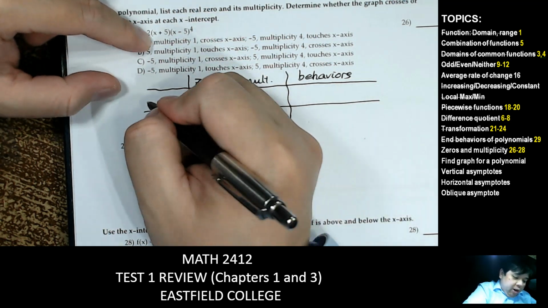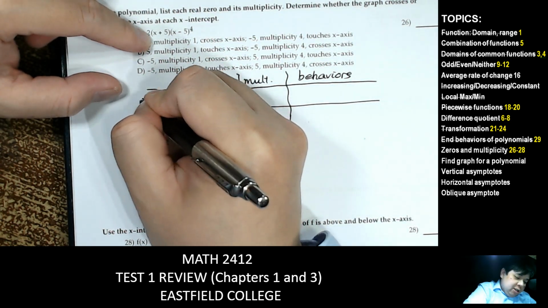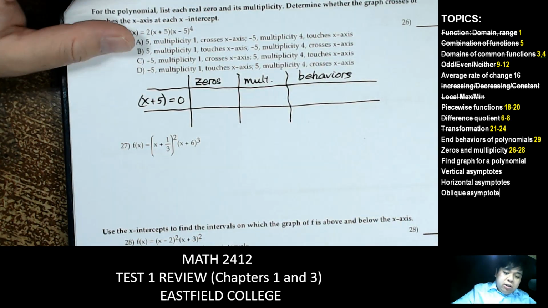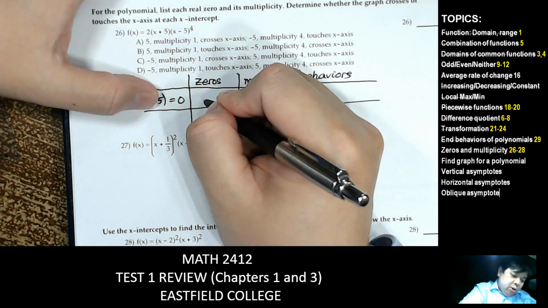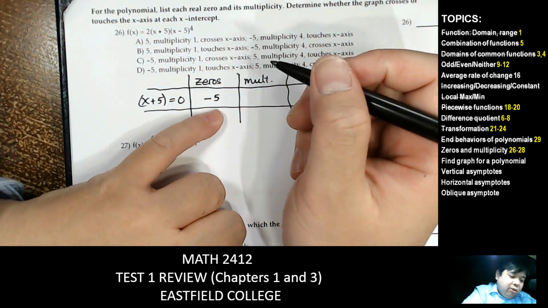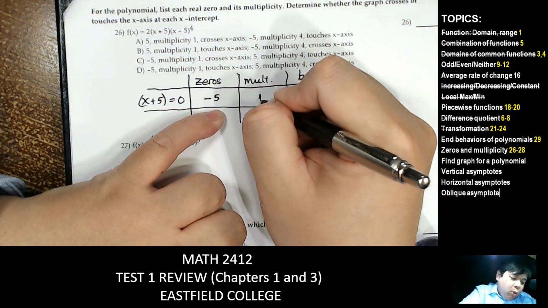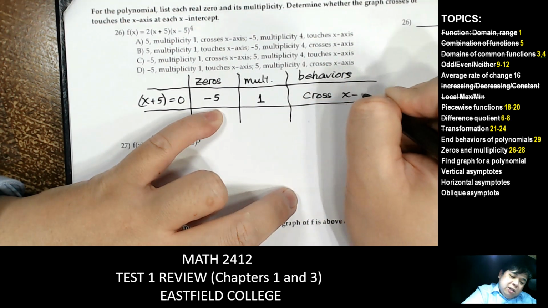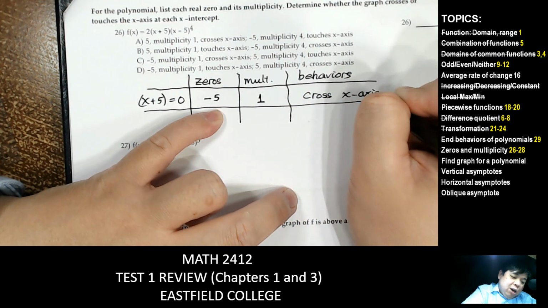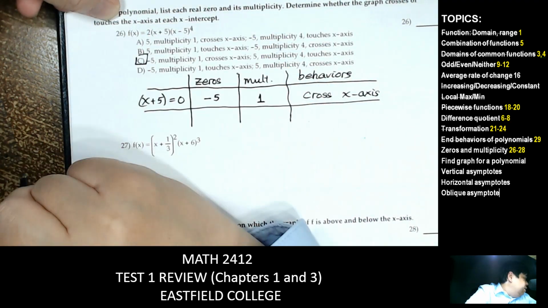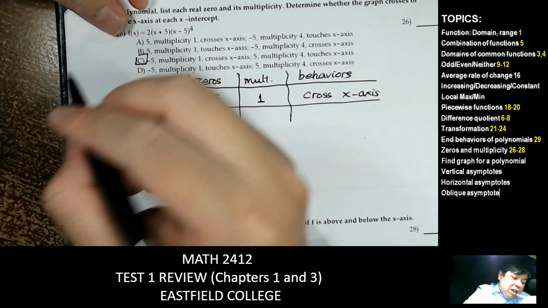So we have x plus 5, that factor equal to 0, and because that's just the first power, the zero will be negative 5, because x plus 5 equals 0, x is negative 5, multiplicity of 1, and we cross the x-axis. Actually, just run the first one, we have the answer already. But let's finish that anyway.